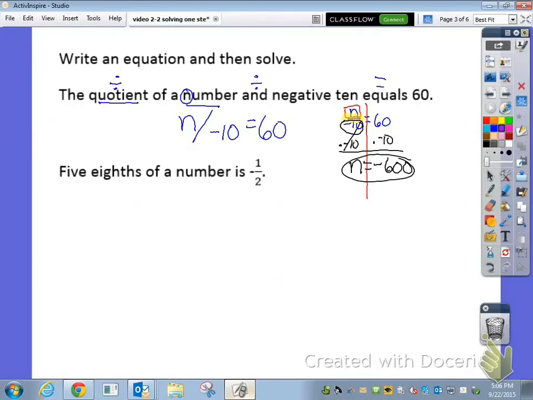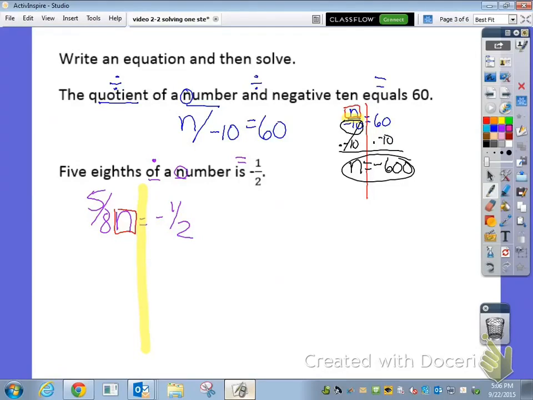Okay, on the next one, 5/8. Anytime it says of a number, of is multiply. So 5/8 times n equals -1/2. Okay? So this operation right here, well, I'm going to draw a line, and I'm going to box my variable first. Box my variable, draw my line.